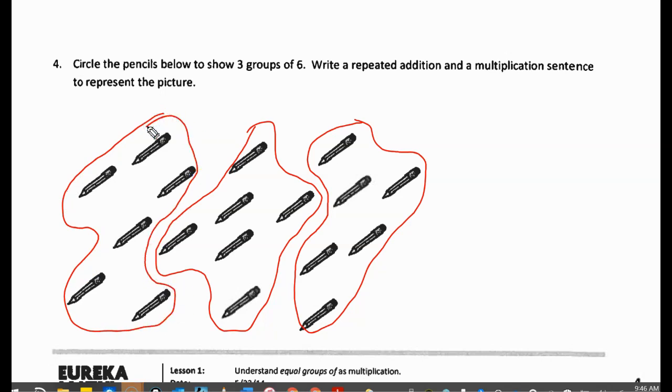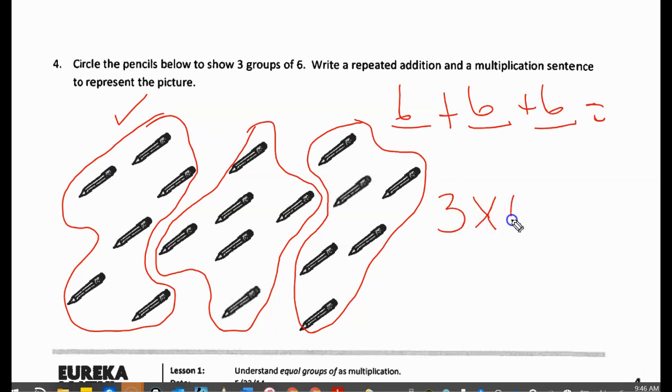Write a repeated addition. So how much is in the first group? 6. How much is in the second group? 6. How much is in the third group? 6. And what would be my multiplication sentence? How many groups do we have? 3 times how many in each group? 6.